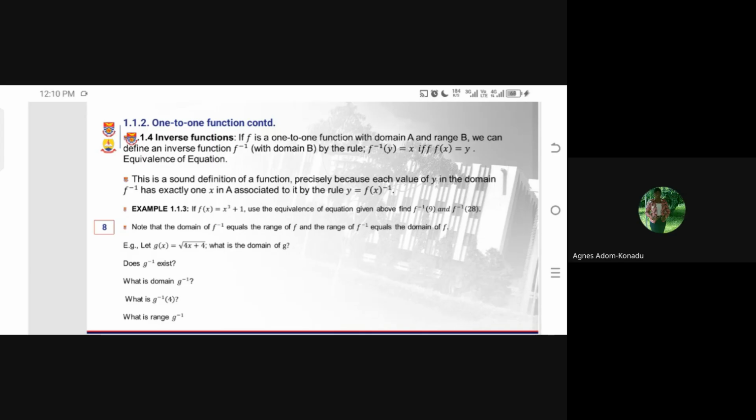The values of x that will make the function defined. We are looking at the function under the square root. We know that we cannot find the square root of a negative number, so the focus is on the inside, the function under the square root.